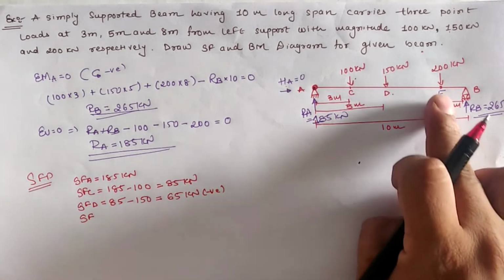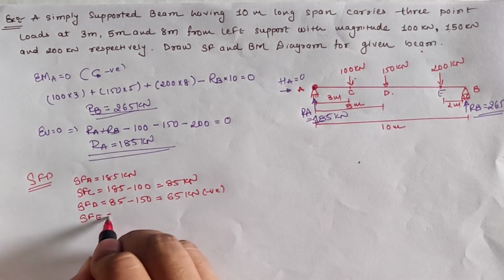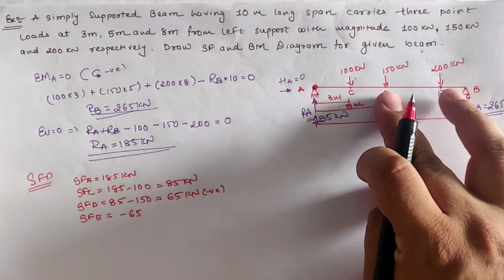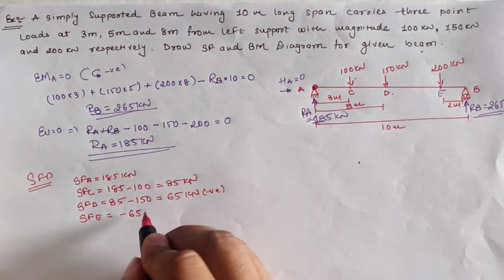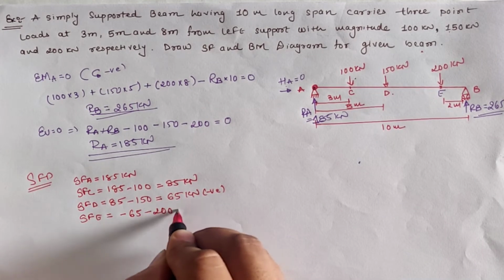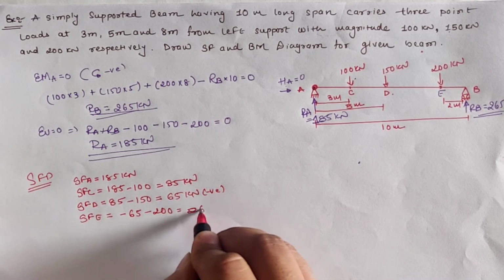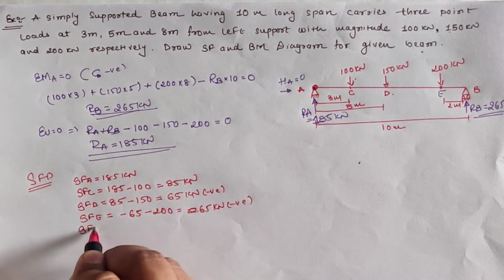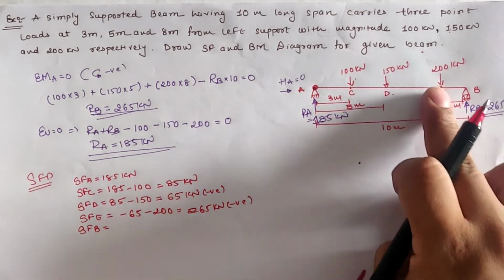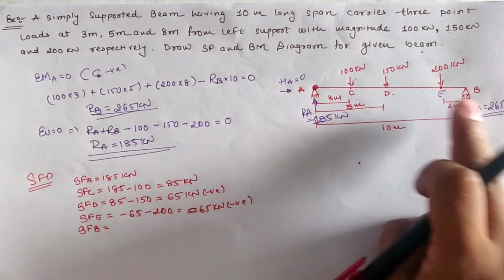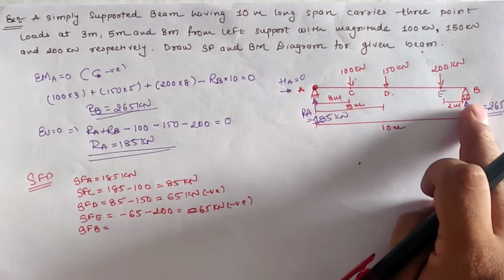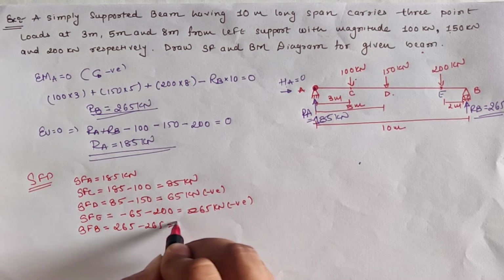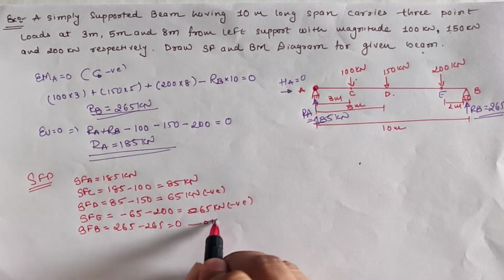Now SF at location E is minus 65 up to point D and 200 in downward direction at location E, hence minus 200, so the total value is 265 kilonewton but negative. And exactly at location B, minus 265 up to E and plus 265 due to the vertical reaction at B, so the total value is 0. So our calculation is okay.